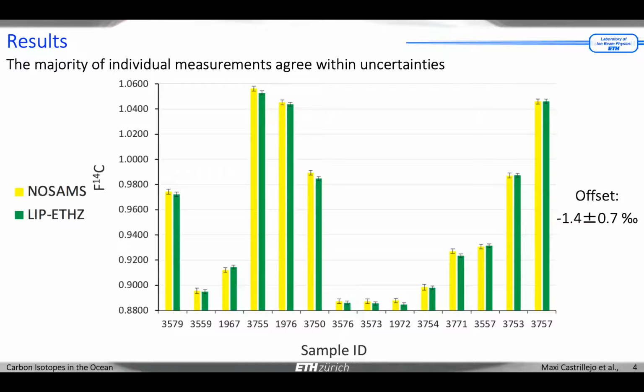ETH, our laboratory, seems to be providing slightly lower results with a mean value of minus 1.4 per mil, which is an offset that we would probably need more replicates to determine accurately, but we are in any case very happy about this.